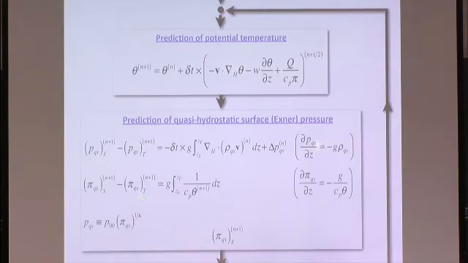Now what we do is, from this equation, by getting the time derivative of this and integrating with height, we obtain other pressure values for the bottom and the top. From these two, we eliminate the values at the top, and we obtain the surface pressure for the next time step.